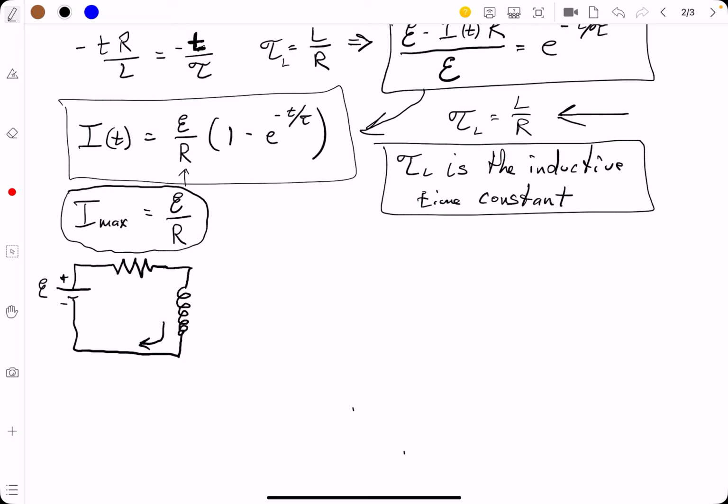When t starts to grow, we're going to drop down from I max till eventually t gets all the way to infinity. And we're at minus infinity. That means we're at 0, and it's 1 minus 0.